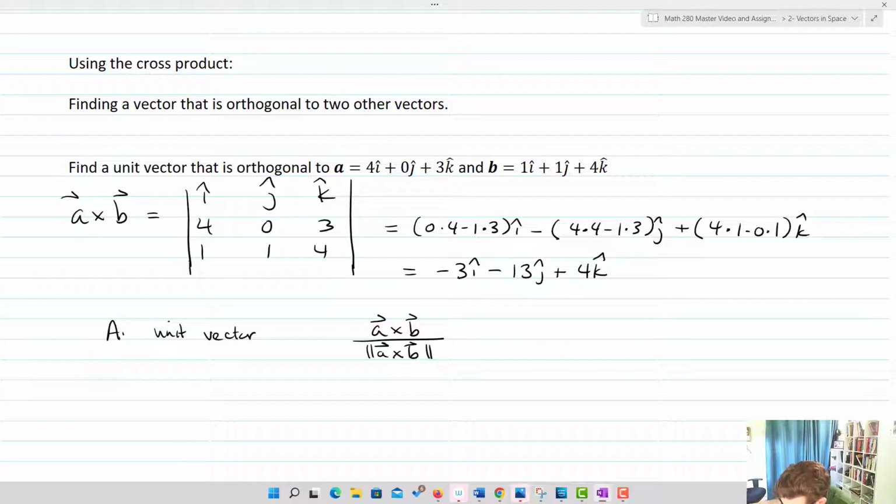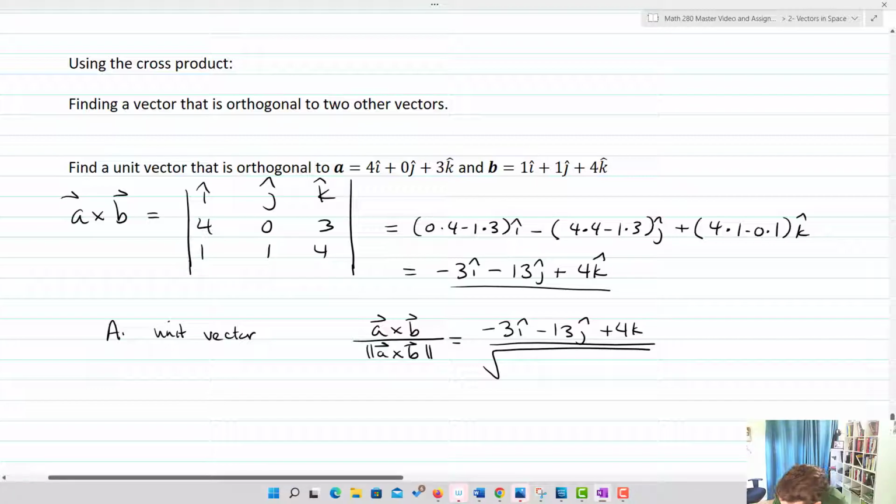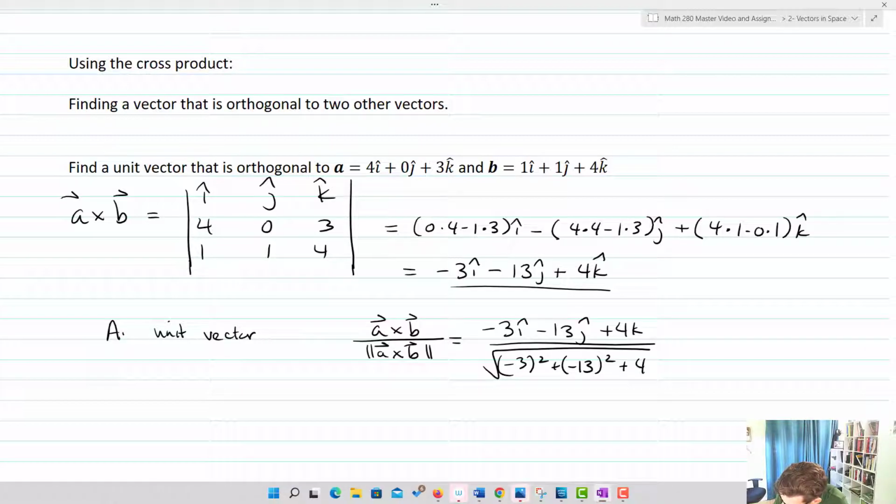Now you might think to yourself, why don't I use that thing that I did before? The problem is that finding that theta might actually take you longer than just finding the magnitude of the cross product, because you already have the cross product. So we're going to have negative 3i minus 13j plus 4k, and we'll divide it through by the square root of negative 3 squared plus negative 13 squared plus 4 squared.